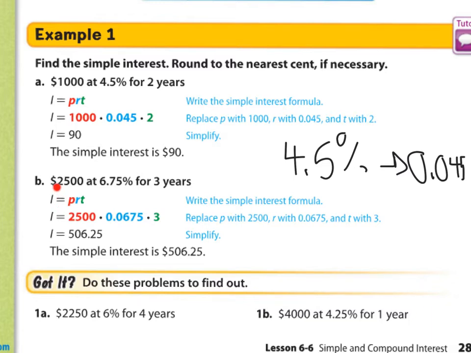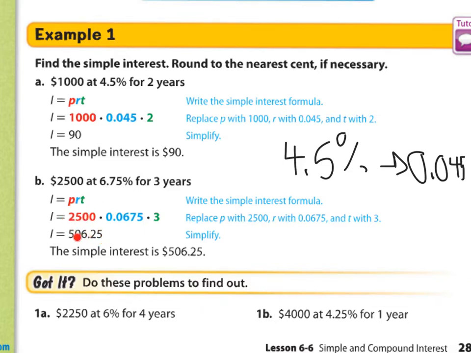Let's try again. $2,500 at 6.75% for 3 years. Again, principal times rate times time. Here's your principal, your initial amount of money, the rate expressed as a decimal, and your time. And you would earn $506.25 on your principal.